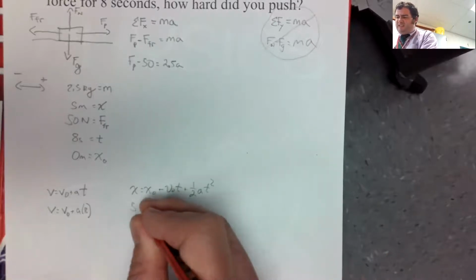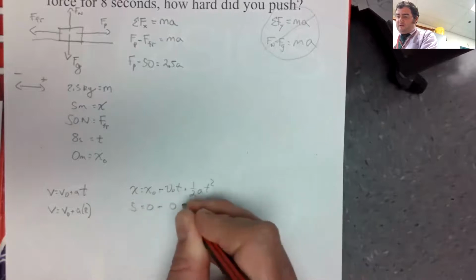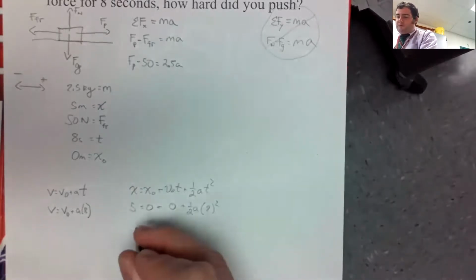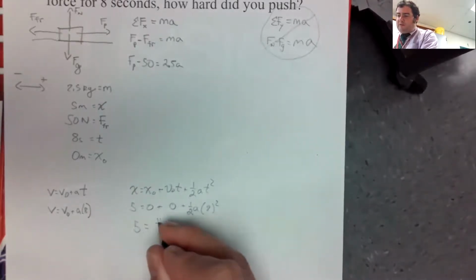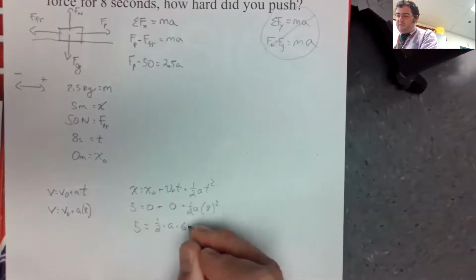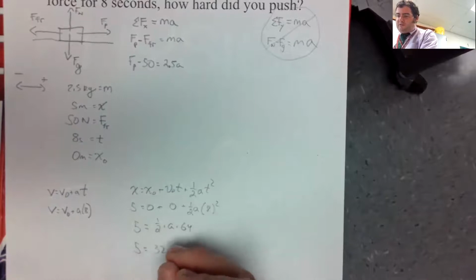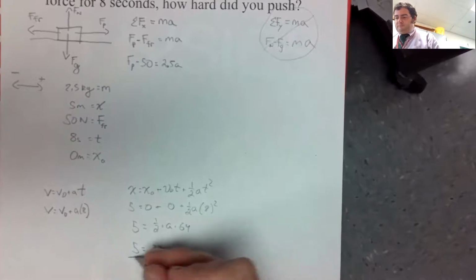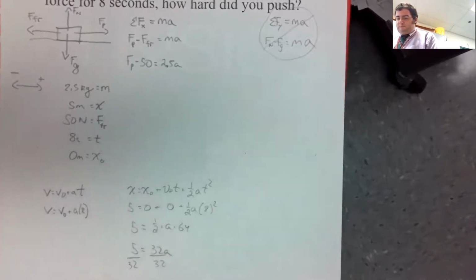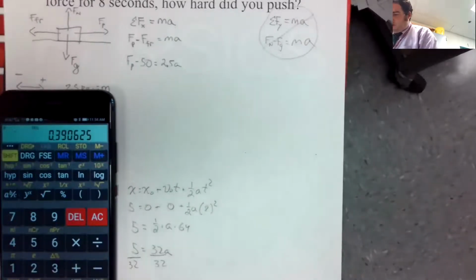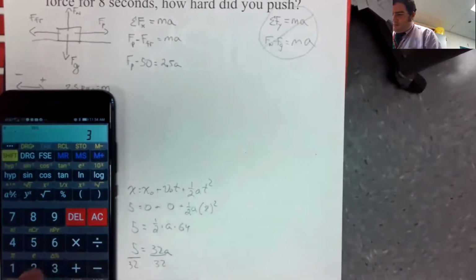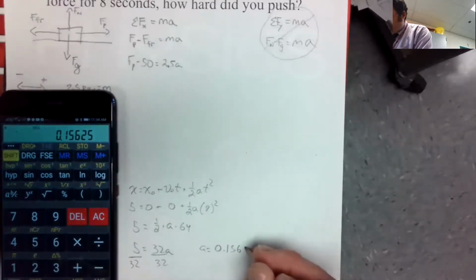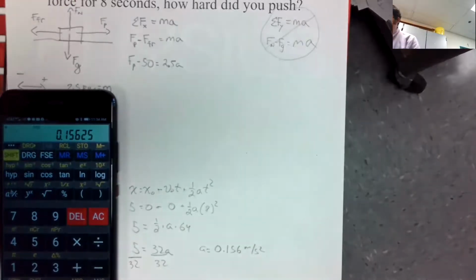X is 5. XO is 0. That's all 0. So we end up with 5 is 1/2 times A times 64. 5 is 32A. So A is 0.156 meters per second squared.